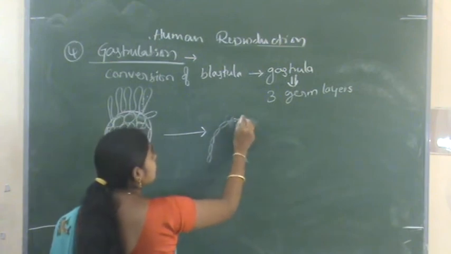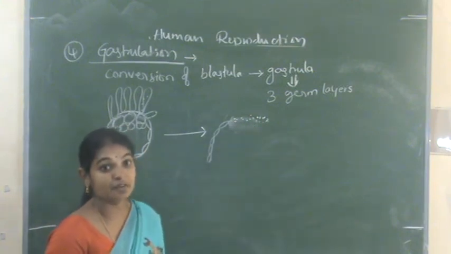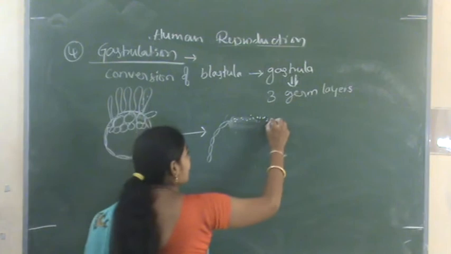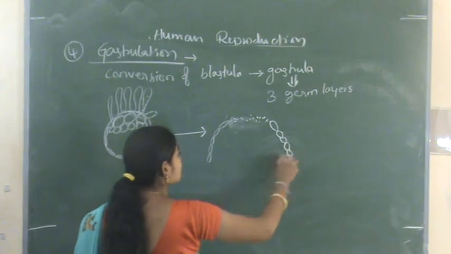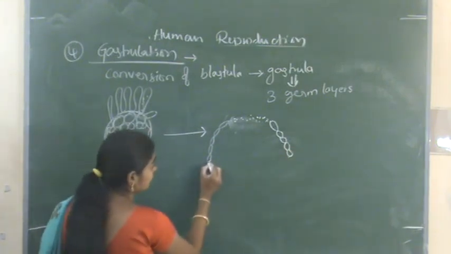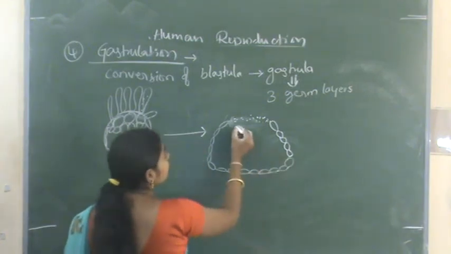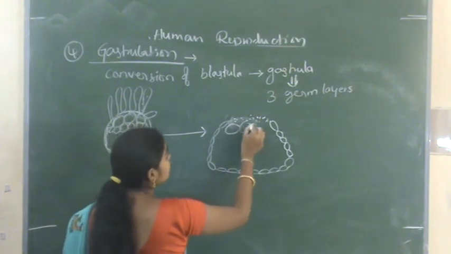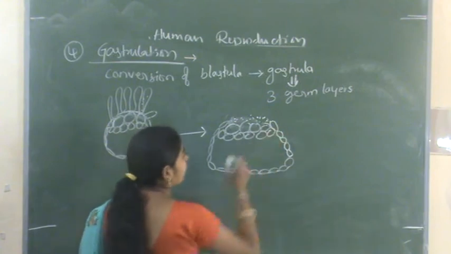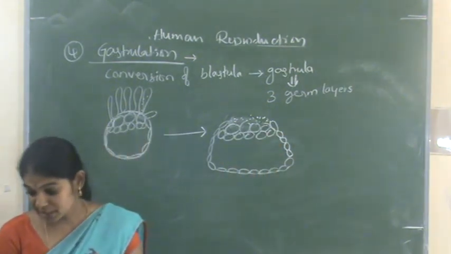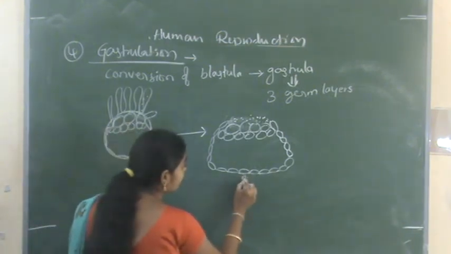So this is the area where the cells of Rauber are present, and here they dissolve completely and the remaining trophoblast layer is as usual. Embryo proper is present here. So this is the A stage and this is the B.